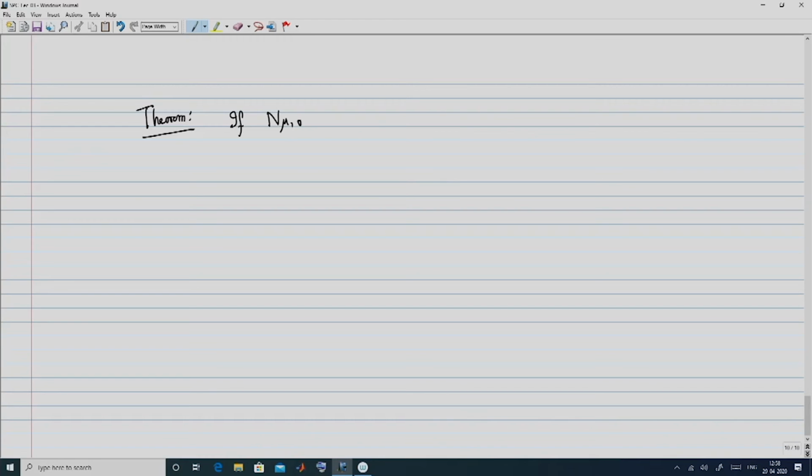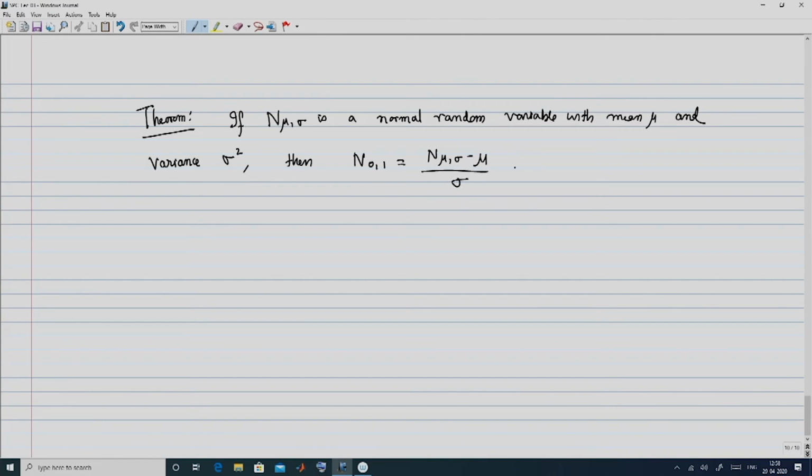If n mu sigma is a normal random variable with mean mu and variance sigma square, then n 0 1 equal to n mu sigma minus mu over sigma, which is just doing the standardization, is a standard normal random variable.